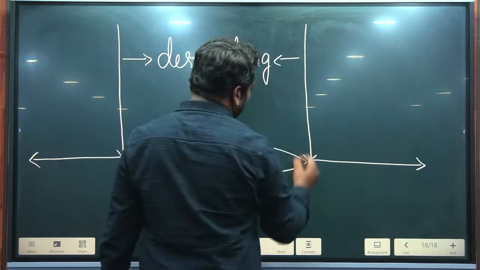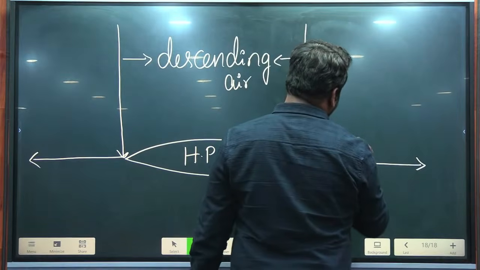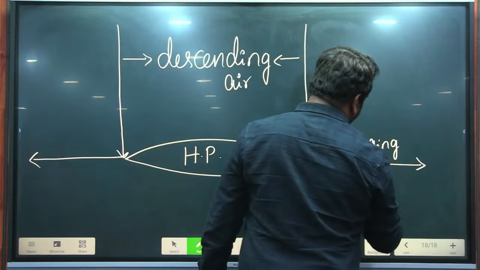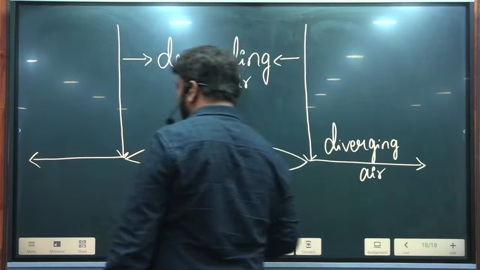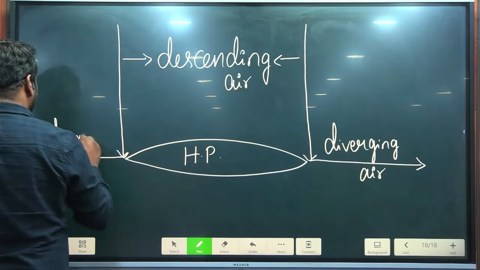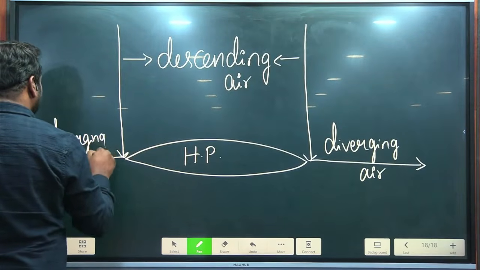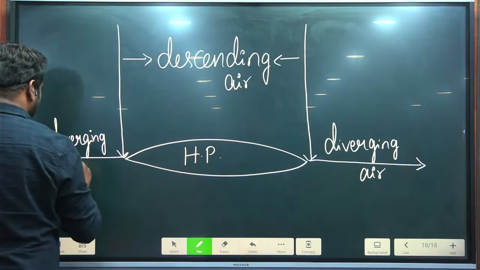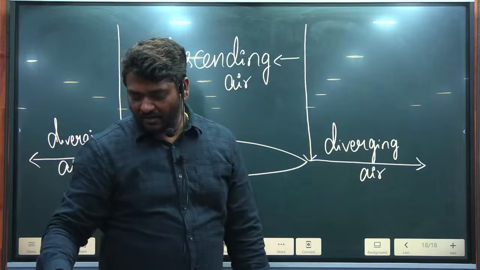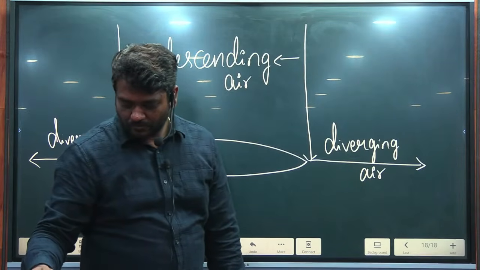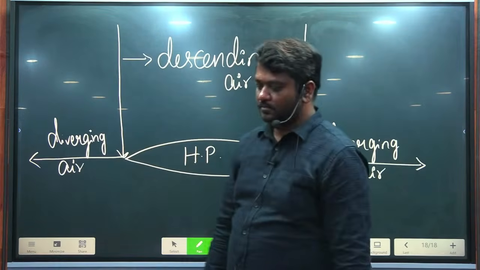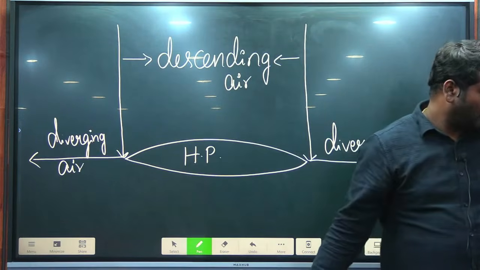In this region, we normally observe descending and diverging air. Draw this.